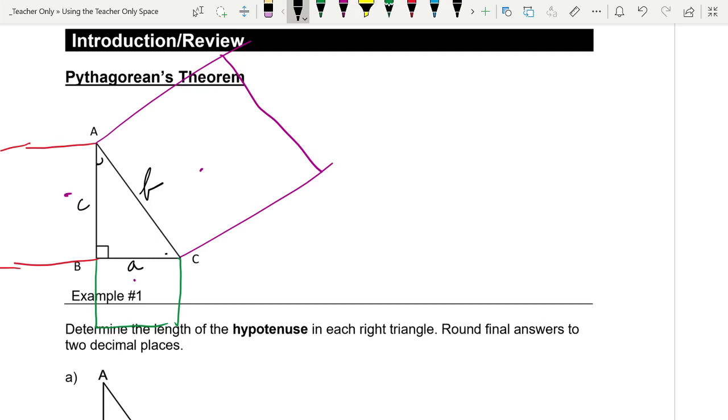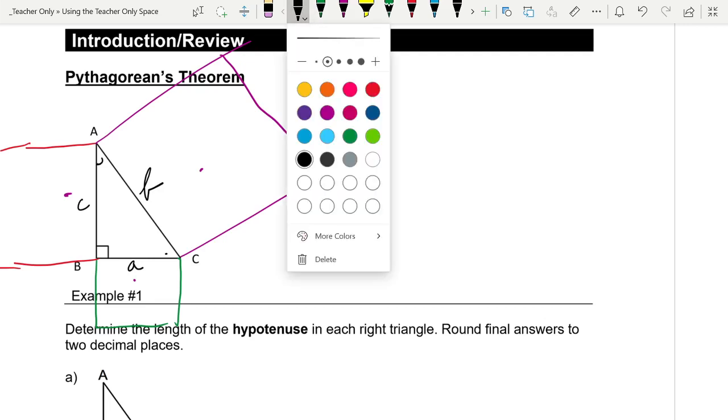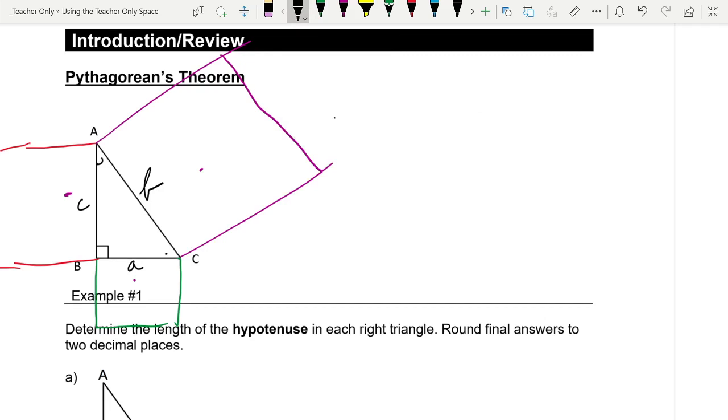So now, normally, the way I get people to remember Pythagoras is not with letters, but with words. You can use that too. I'll stick with the words you learned in junior high. Leg squared plus leg squared equals hypotenuse squared, because that is the other word for a line that isn't the hypotenuse.